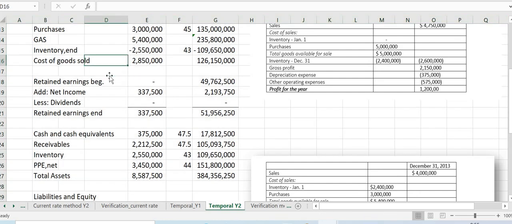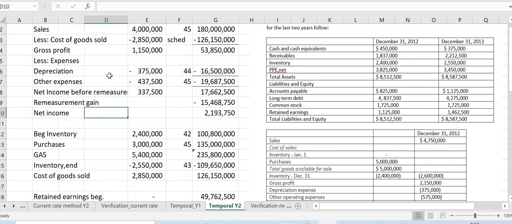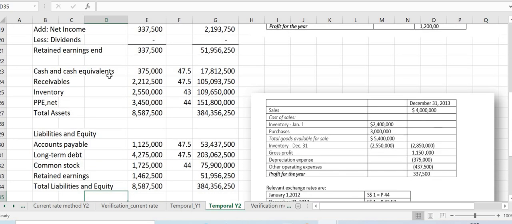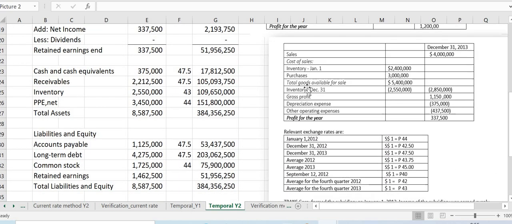Okay? Now for year 2, we still use the same process. So let's first translate the balance sheet accounts, and then we need to classify assets into monetary and non-monetary. So we have cash and cash equivalents and receivables as monetary items.